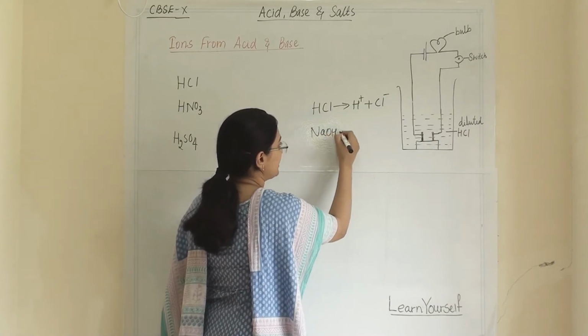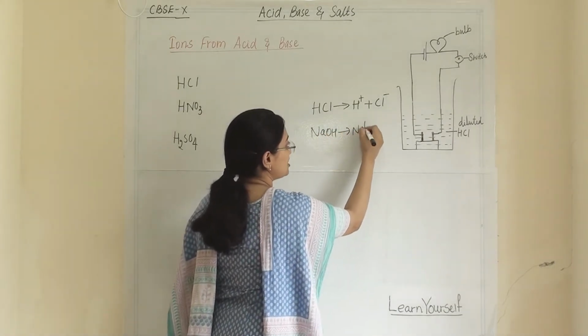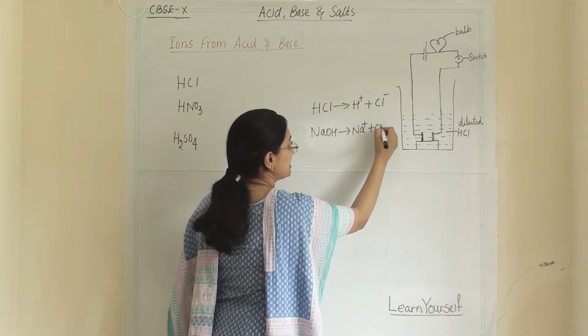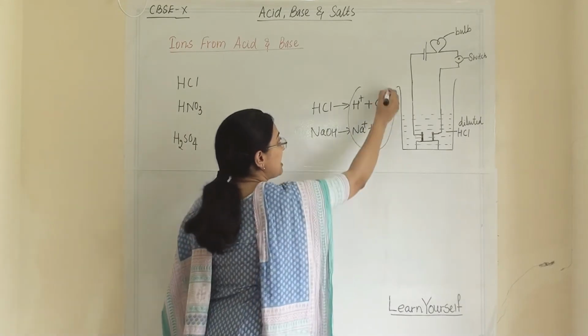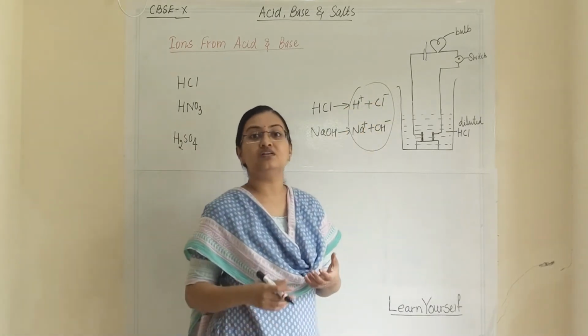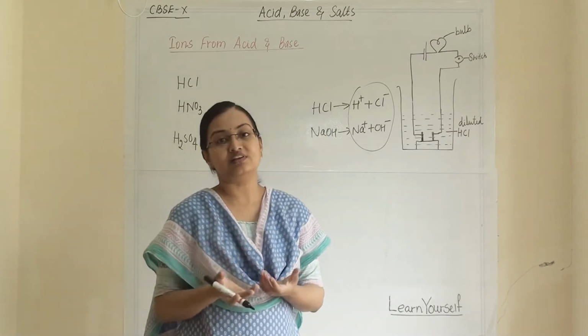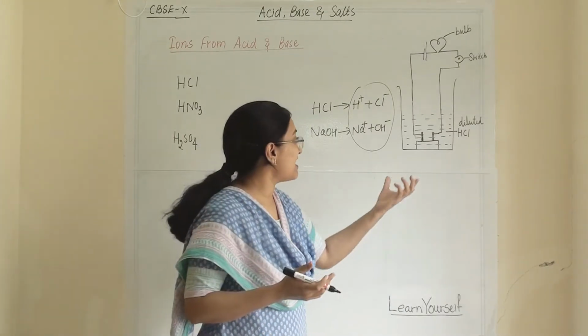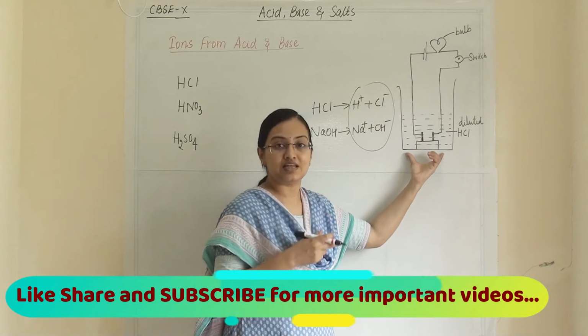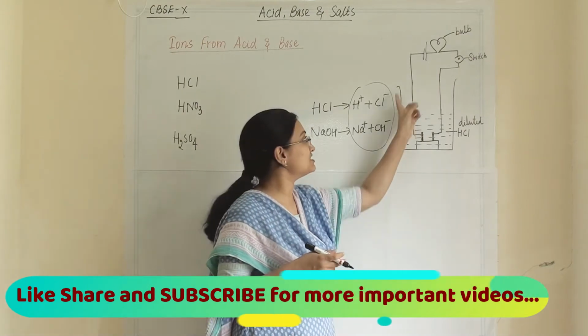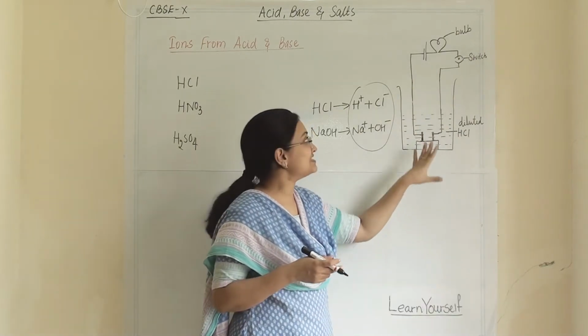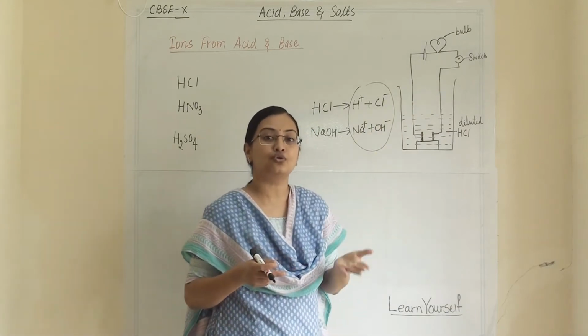In the case of acid and base, for example if we take NaOH, then the dissociation products will be Na plus and OH minus. These ions are responsible for the passage of electricity. If those ions are absent in the electrolytic medium, then electricity will not pass, and as a result our bulb will not glow.